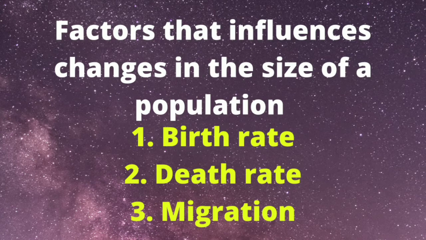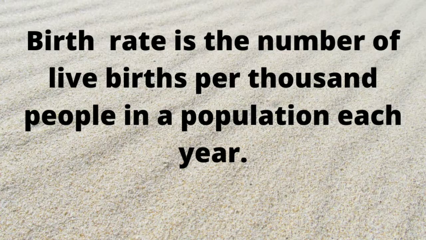What is birth rate? Birth rate is the number of live births per 1,000 people in the population. Let me repeat that. Birth rate is the number of live births per 1,000 people of the population each year. So birth rate is actually an average that is calculated out of every 1,000 persons.